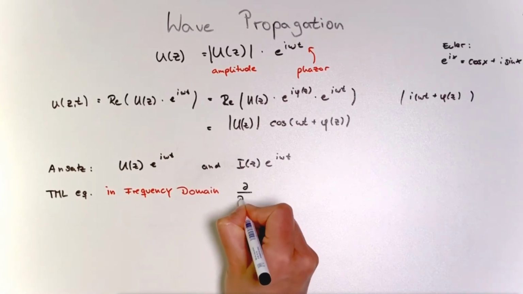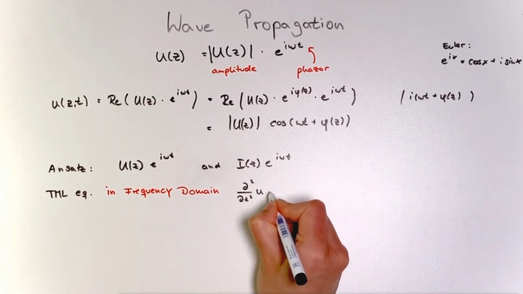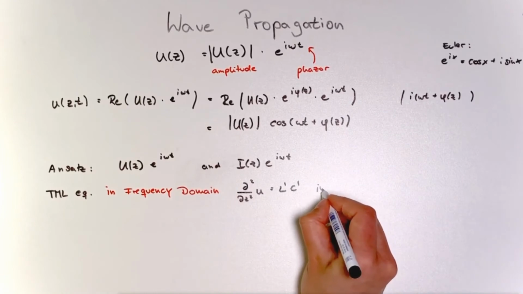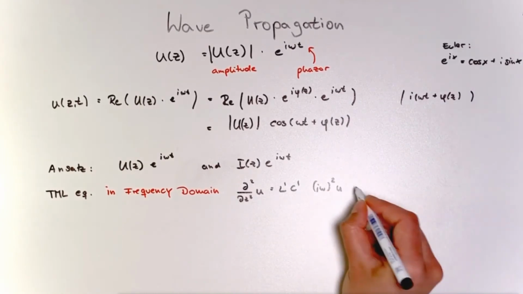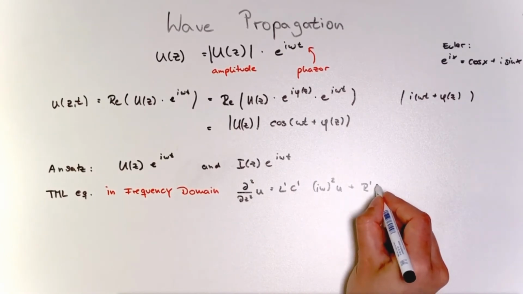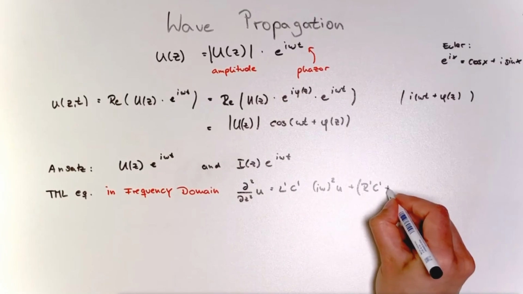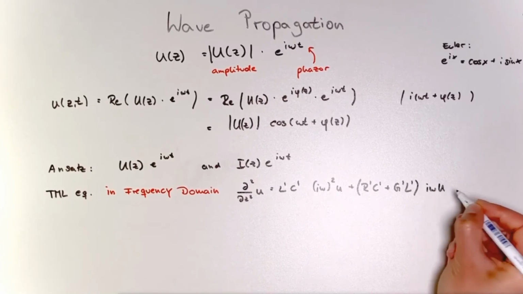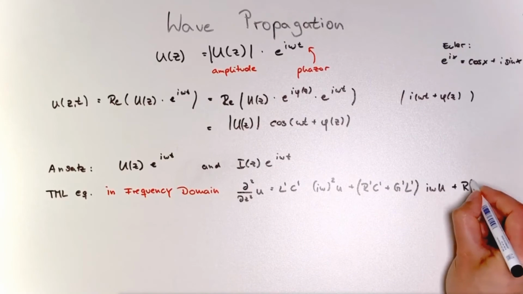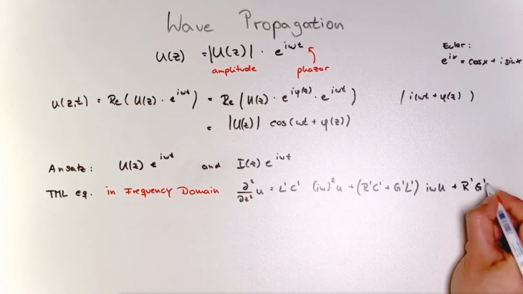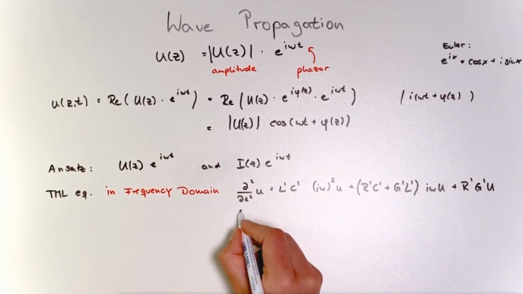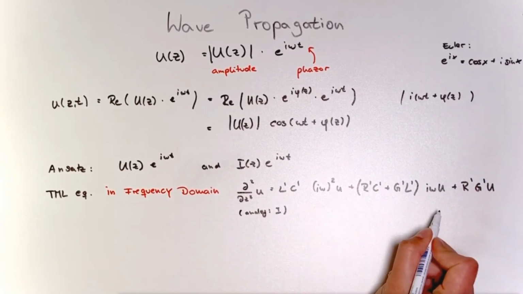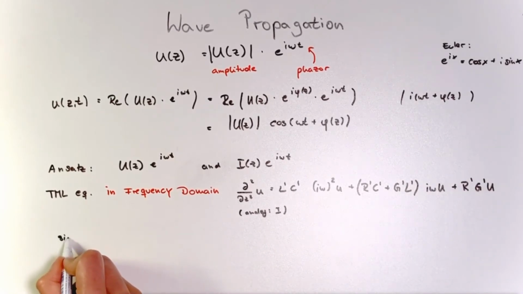So the second space derivative of the voltage equals L prime C prime times, and now we put the exponential approach in, which brings us j omega squared times U, plus, and then we go with the rest, R prime C prime plus G prime L prime times j omega U, which comes from the first time derivative, and then we have G prime R prime U. So now we got more or less rid of the time derivative, and of course this will be the same equation, so analog in current.